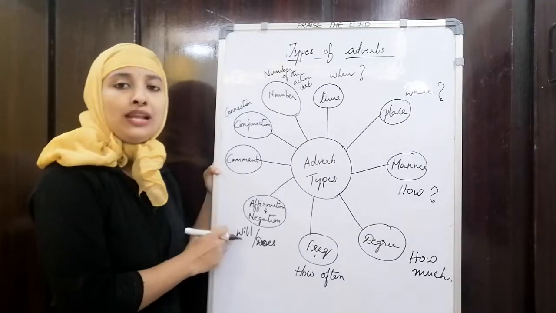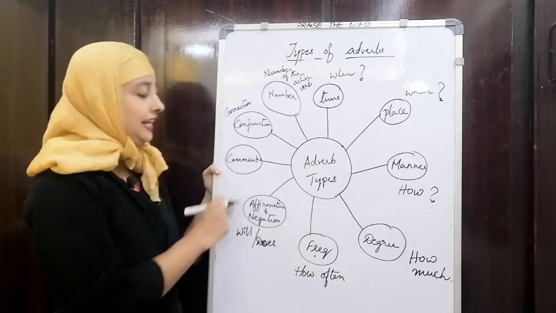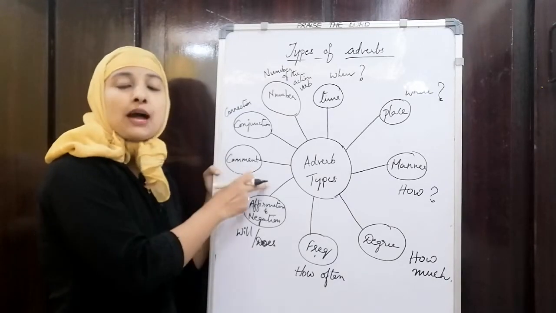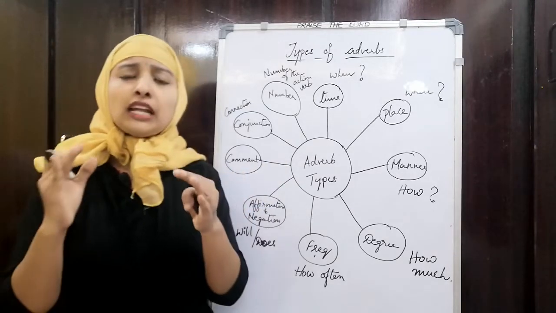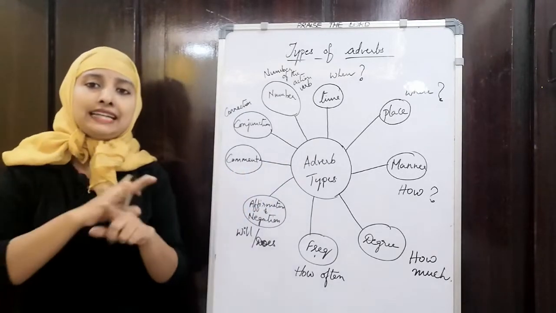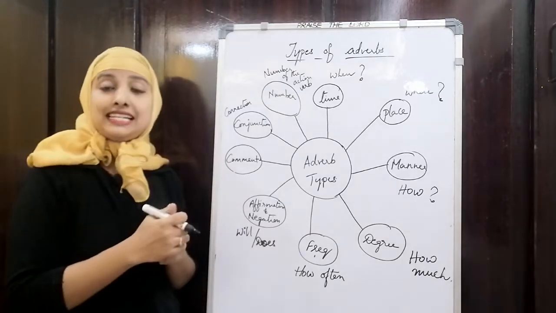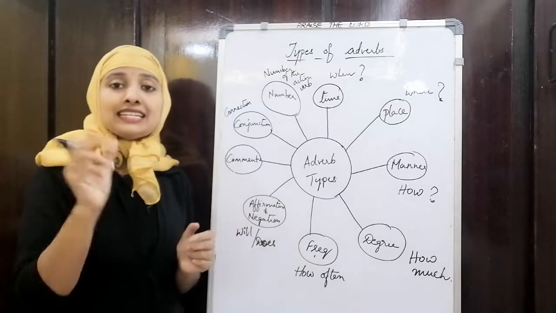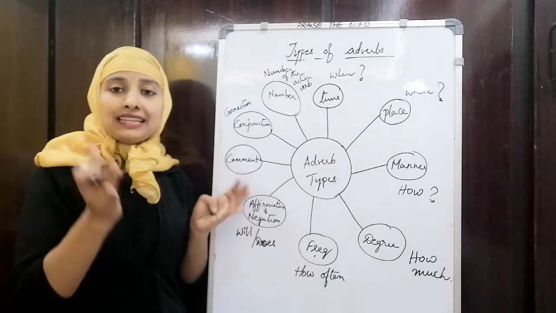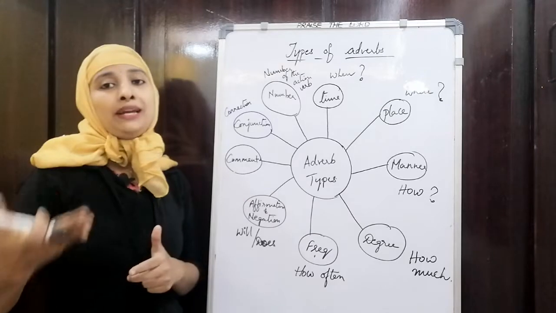So will and does will be used for affirmation and negation. Coming to comment, the adverb of comment will be used to give a comment on the entire sentence. Like unfortunately. That is an adverb of comment, because by that comment the entire sentence will be changed.